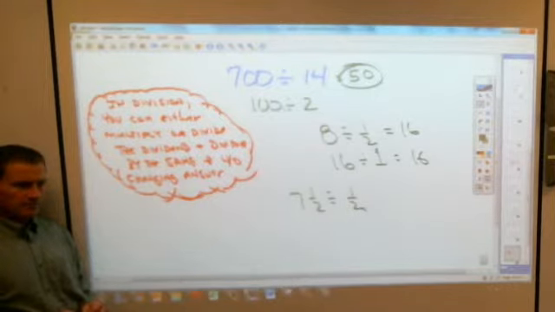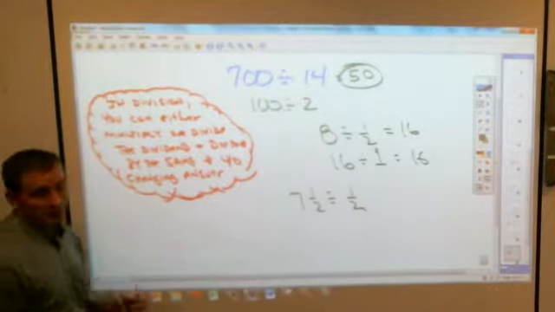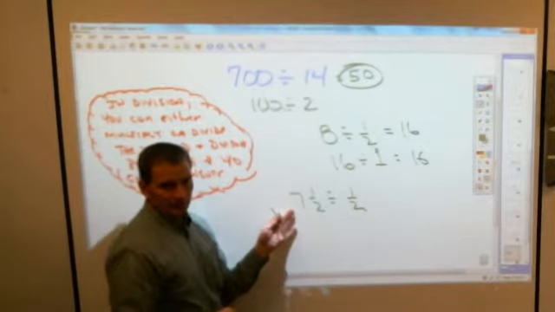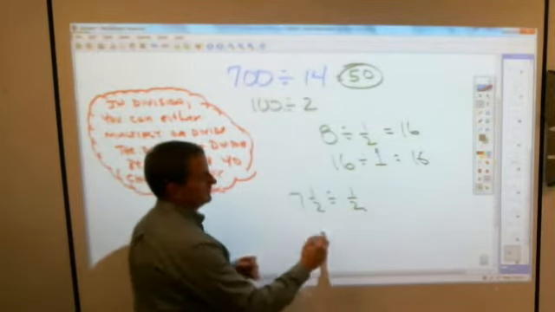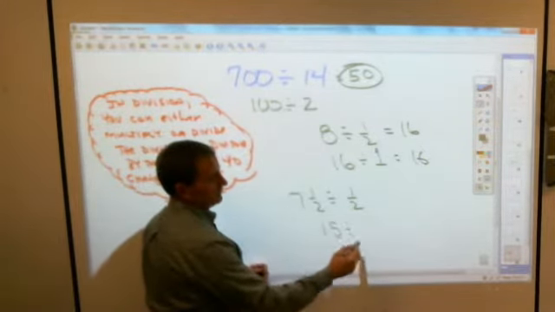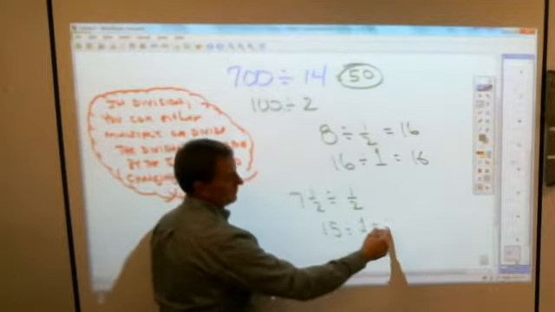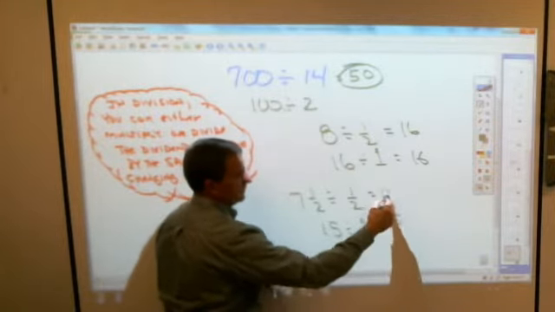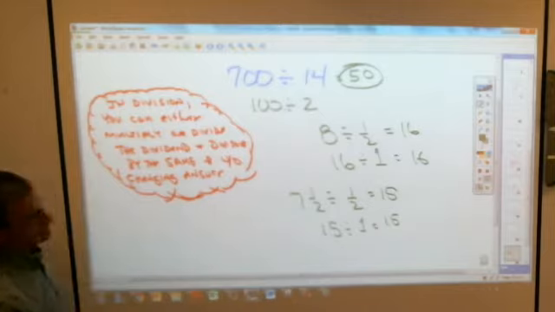Charlie says multiply by 2, or double them, yeah. If you take 7 1/2 and double it, you get 15. Take a half and double it, you get 1. So the answer to both of these problems is 15.